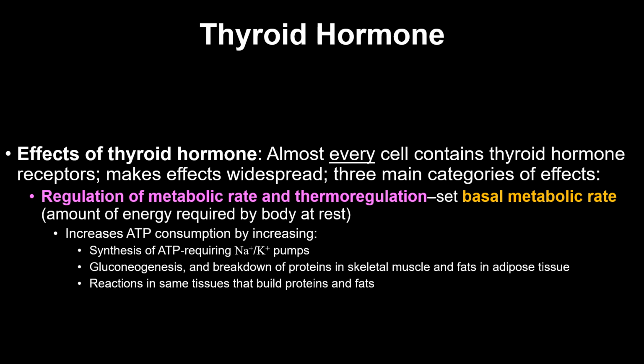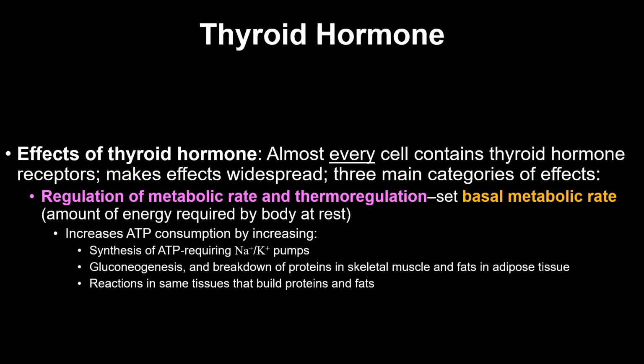The thyroid hormones can also act on a number of different cell types to trigger other energy-requiring reactions, like acting on cells of the liver, triggering gluconeogenesis. They can also stimulate reactions that break down proteins in skeletal muscle and fats in adipose tissue in order to provide these compounds for gluconeogenesis.